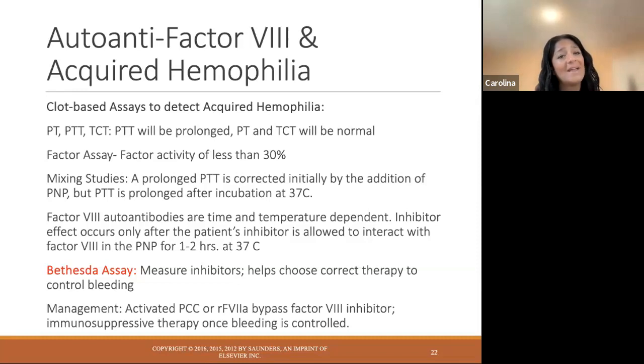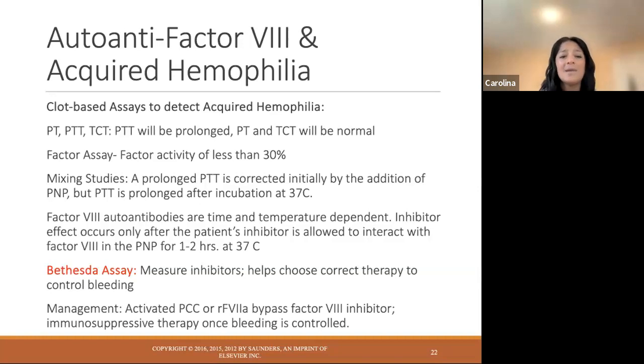If you did a factor assay, you will see that factor VIII activity would be less than 30%. If you did a mixing study, you will see that there is a prolonged aPTT that is corrected initially by the addition of pooled normal plasma, but the PTT is prolonged after incubation, okay?